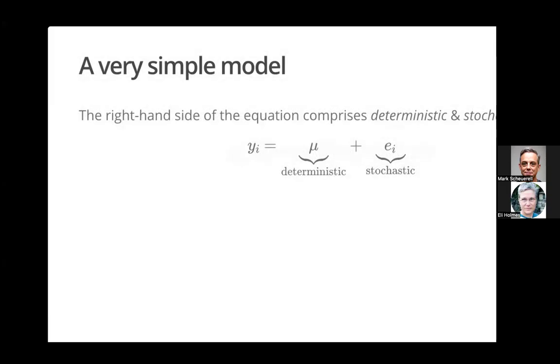If you think about that right-hand side of the equation, really there's two aspects to this. You could think about this mean as being deterministic. That is going to be fixed for all observations, right? And the stochastic aspect is going to move around depending on which observation we're thinking of. So the idea, we have some overall mean, so everything starts somewhere, and then you just subtract a little bit one way or the other, and you've got that.